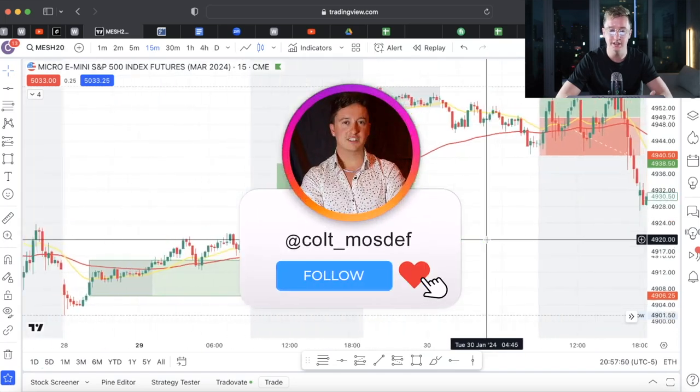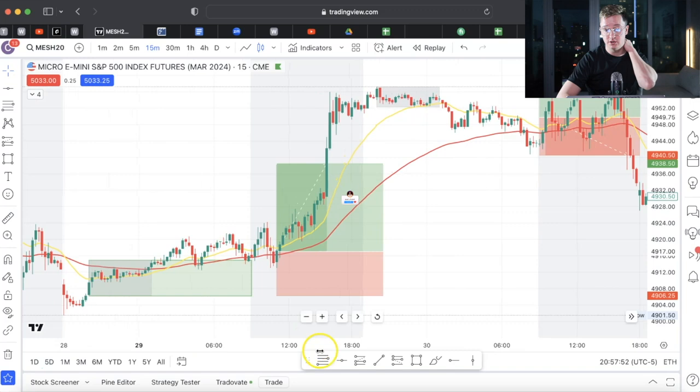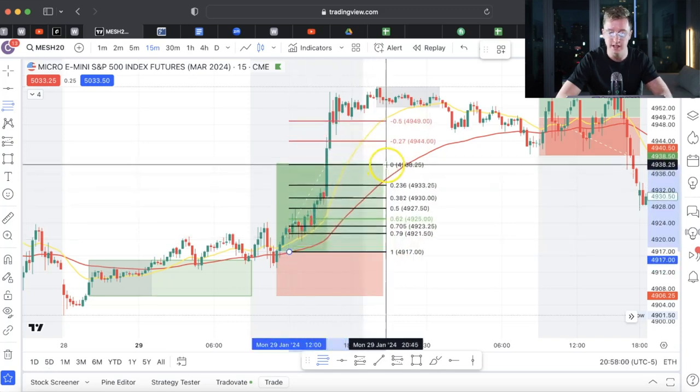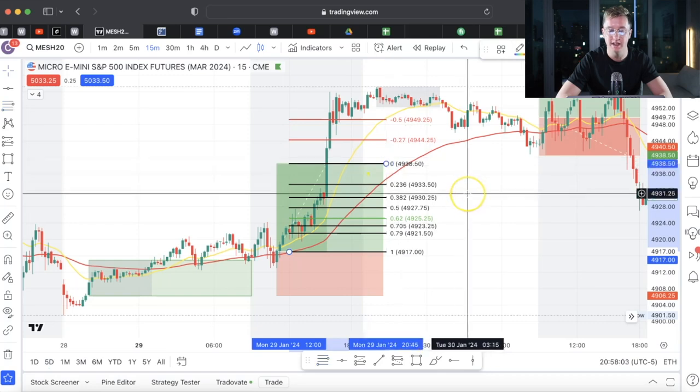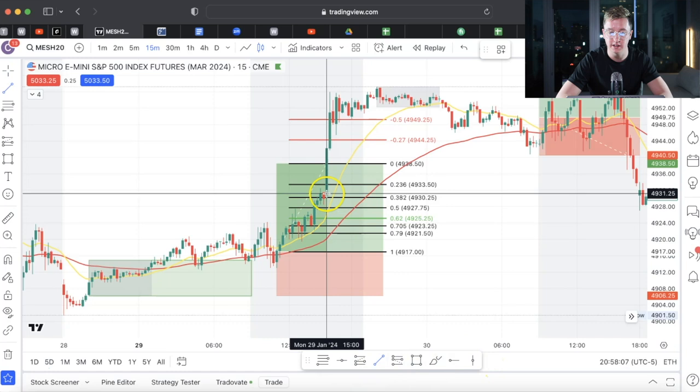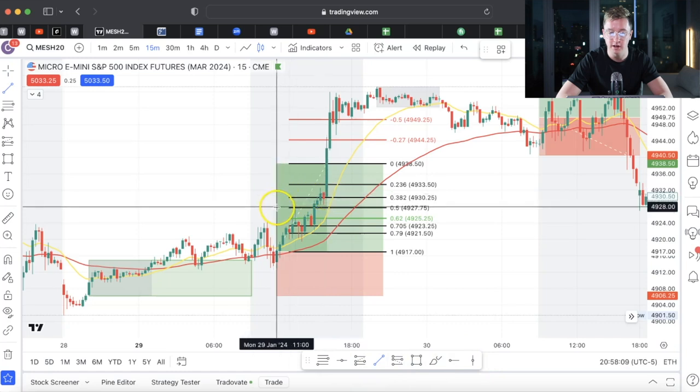And one thing that I've been teaching you guys, or my students, is what I'm doing nowadays is I'm grabbing my fibs. Once I figure out the position I take, I grab my fibs from the entry to the take profit, and I get the halfway point. And all I'm doing is I'm getting this trend line and I'm marking up that 50% level right here.